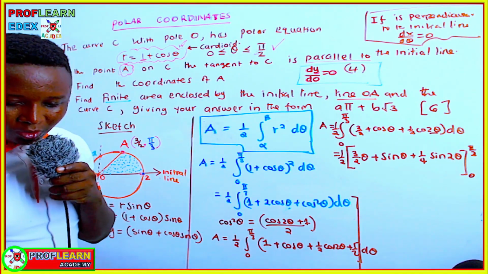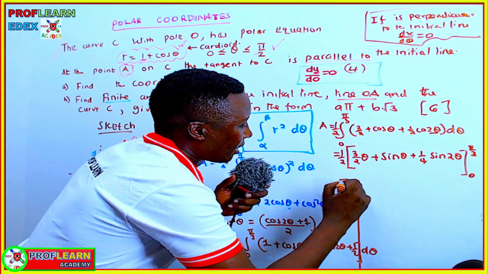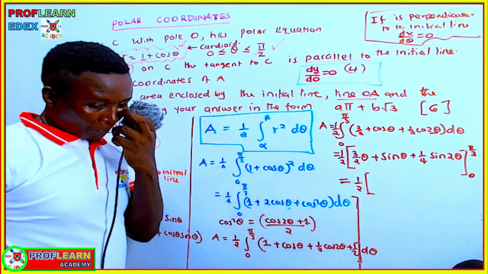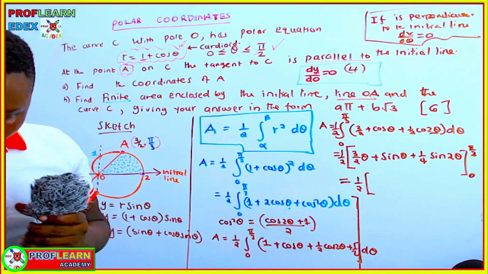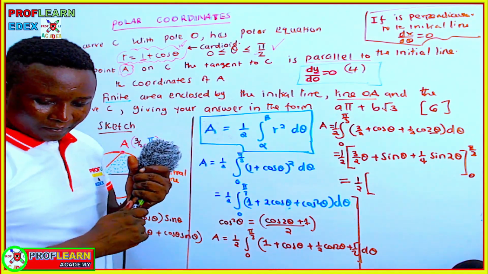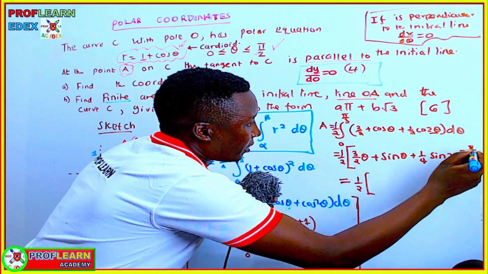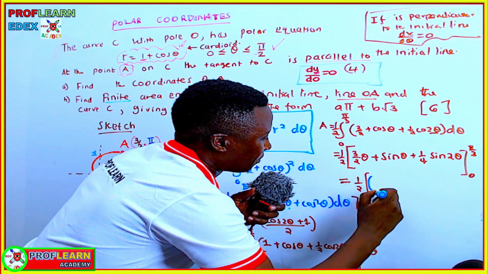So if we substitute everything that we have here, we are going to end up having 1 over 2 into bracket.